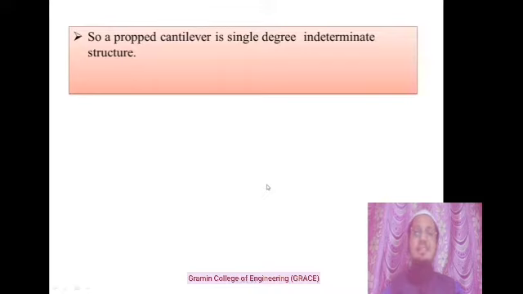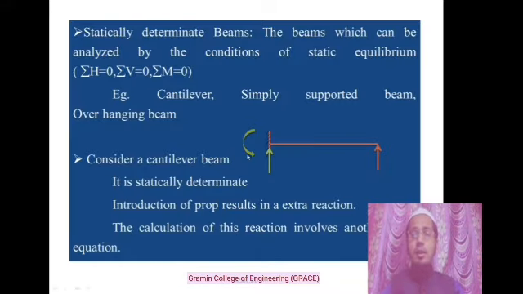Now why single degree? From where does this single degree of indeterminacy come? Now you can see here, in the propped cantilever the reactions are two support reactions and one moment at the fixed end. There are three reactions, and the equilibrium equations are only two in this case of beam, that is, the summation of vertical forces equals 0 and the summation of moments equals 0.